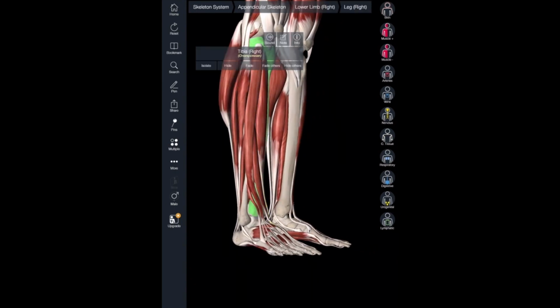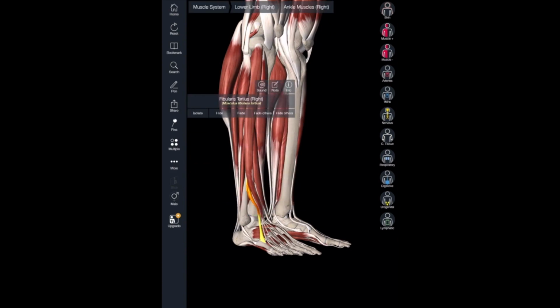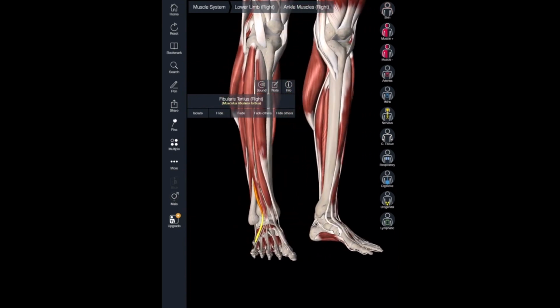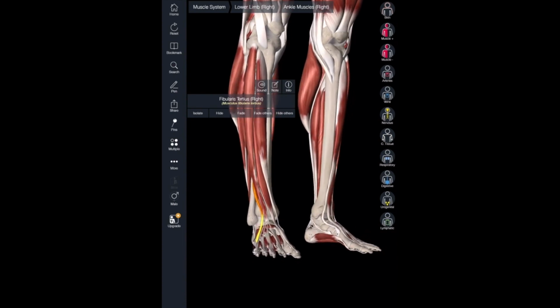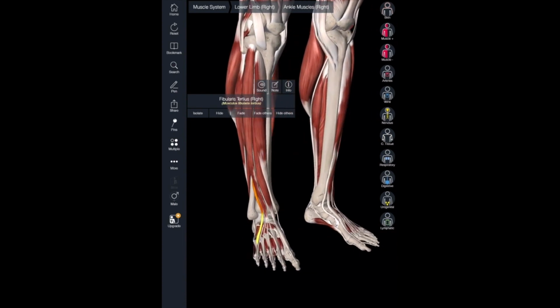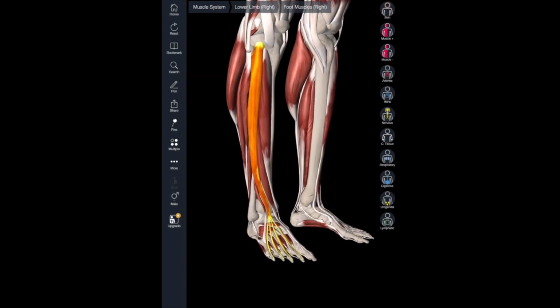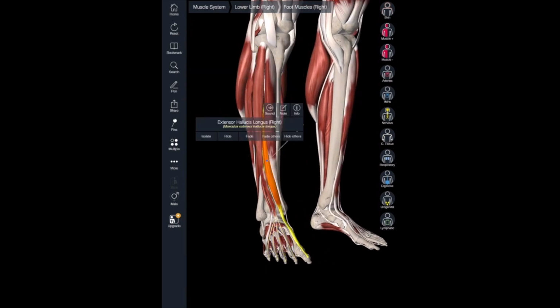It's also done by fibularis tertius. Fibularis longus and brevis also do plantar flexion. They go in the plantar flexion group. Fibularis tertius, though, does dorsiflexion, as does tibialis anterior, as does extensor digitorum longus and extensor hallucis longus. They all do dorsiflexion.